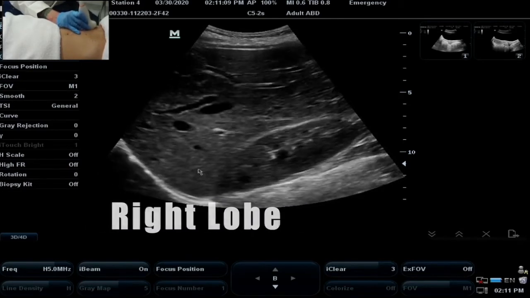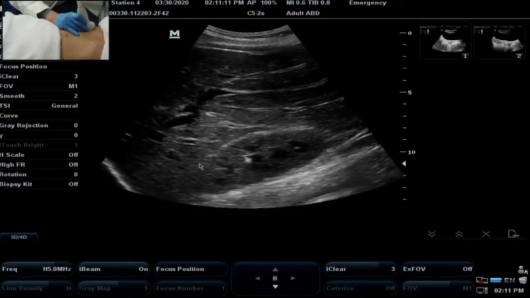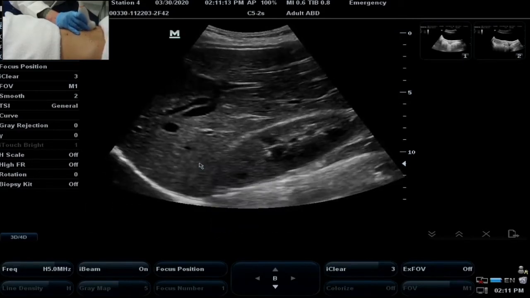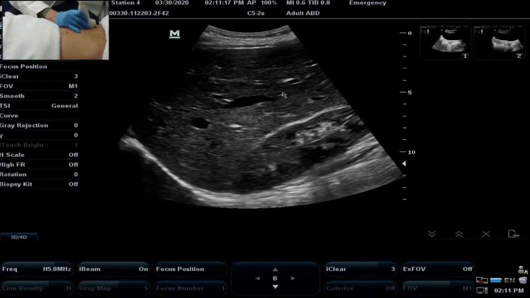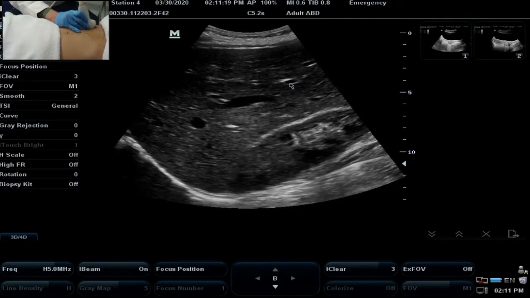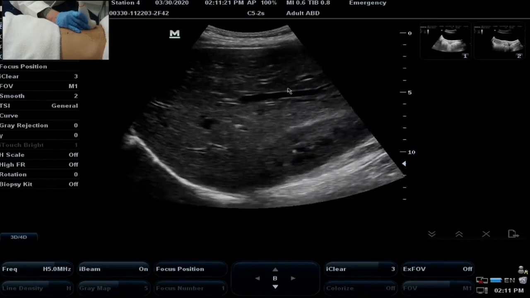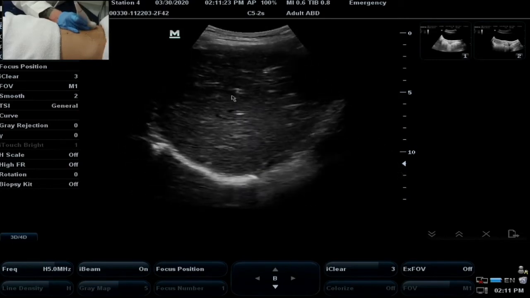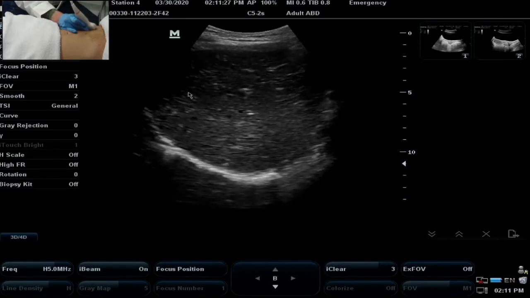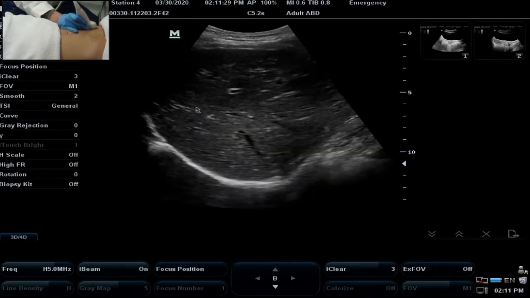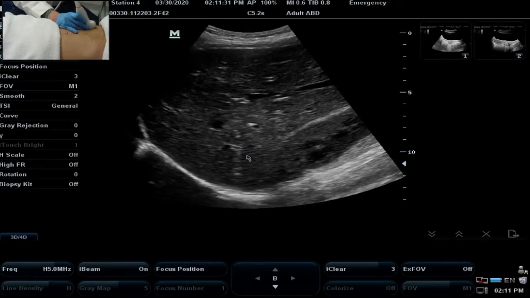Breathe really nicely and breath in. And here you can see some hepatic veins and some portal veins very clearly. And when I look at this liver, I want to look all the way up into the dome of the liver so that I can make sure there's no masses.